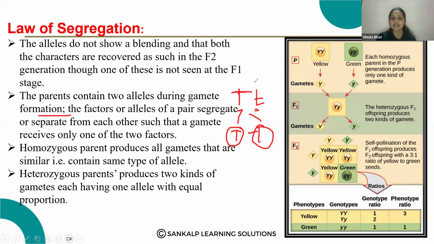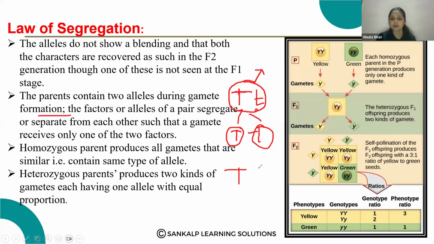That is in the case of a heterozygous parent, a parent that contains two different types of alleles, capital T and small t. A homozygous parent produces gametes that are all similar and contain the same type of allele.